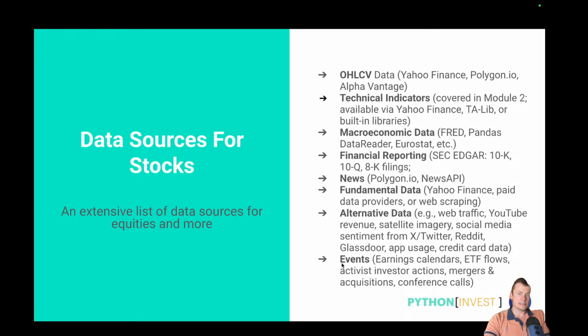Events are also quite powerful indicators, and we want to understand what are the most important events, like earning calendars when companies do the reporting, ETF flows. It's exchange traded funds, flows of money.